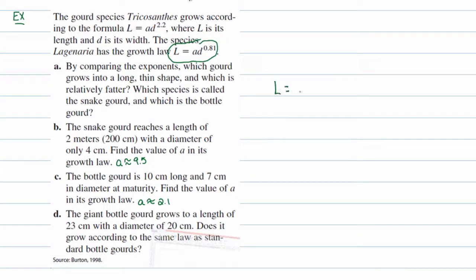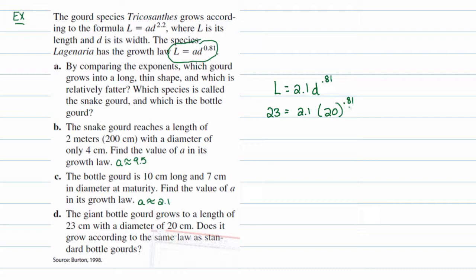So remember, L is equal to now 2.1 D to the 0.81 power. And they're asking us, well, if the length is 23, will it be true that the diameter should be 20? Well, let's find out what 2.1 times 20 to the 0.81 power is.